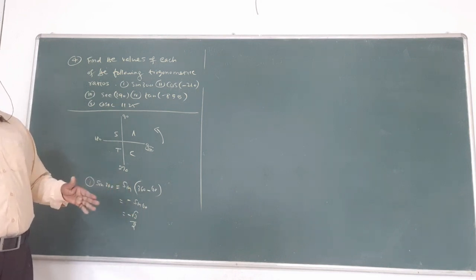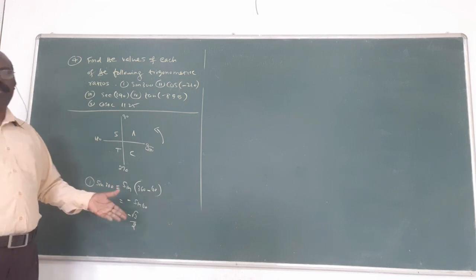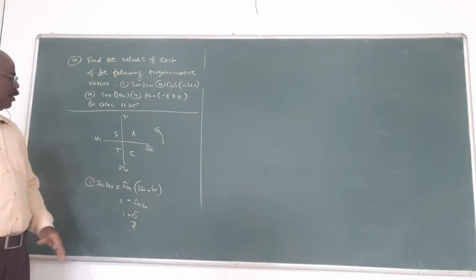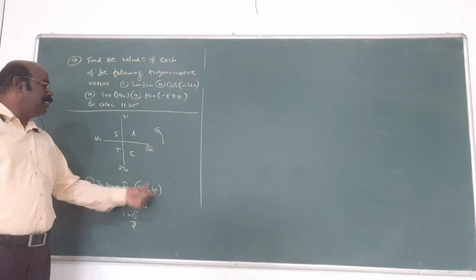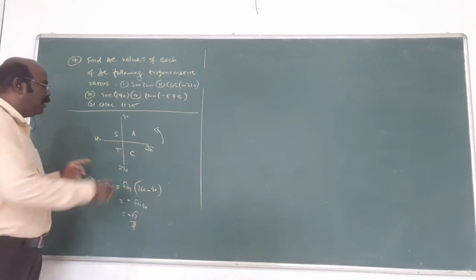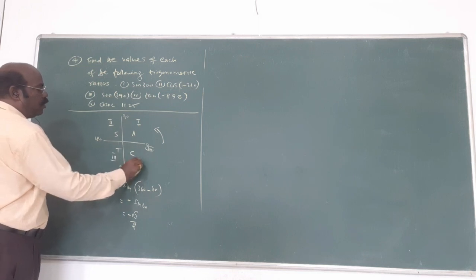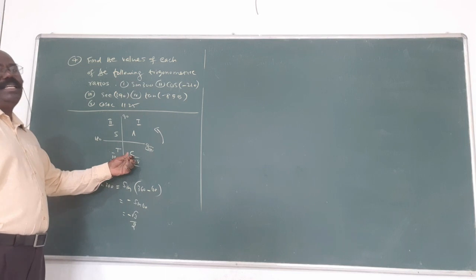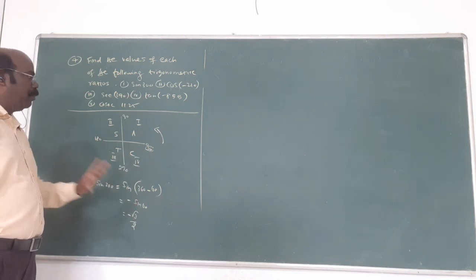Sine becomes cos, cos becomes sine. Tan becomes cot, cot becomes tan. Cosecant becomes secant, secant becomes cosecant. After this, which quadrant? 360 minus, this is the fourth quadrant. That's why in the fourth quadrant, C means cos only positive. But the question is not cos, that's why minus. Sine is equal to minus.